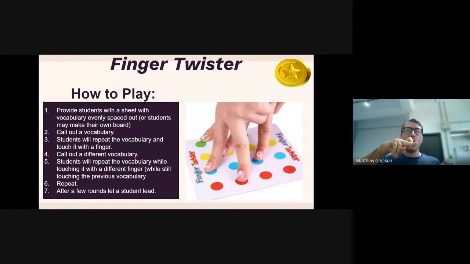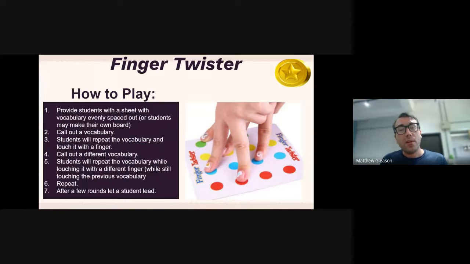And then you're going to call out a second word, and the students have to touch the second word with their finger. And this whole time, the students have to repeat after you. Then you're going to call out a third word, and then the students have to touch the third word with any finger they want. And then you go until 5 words. And if students after 5 rounds can touch every word, they get a point, or their team gets a point.